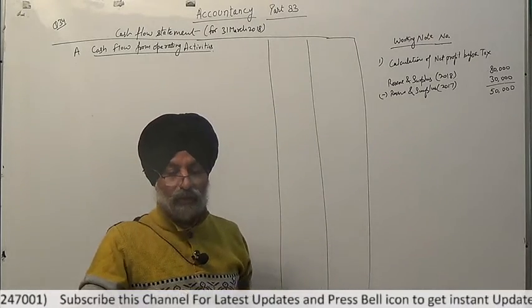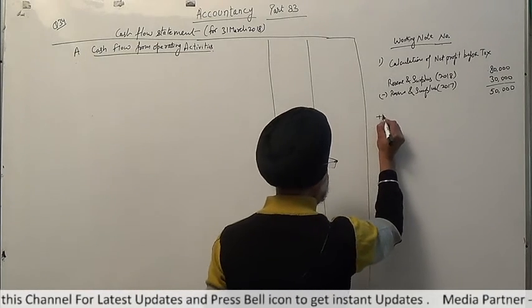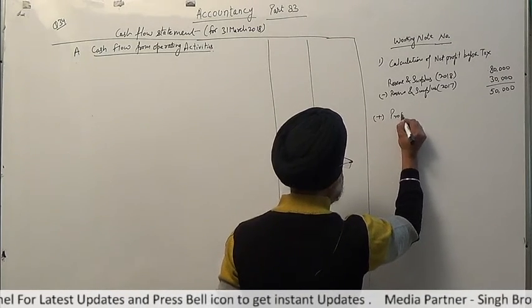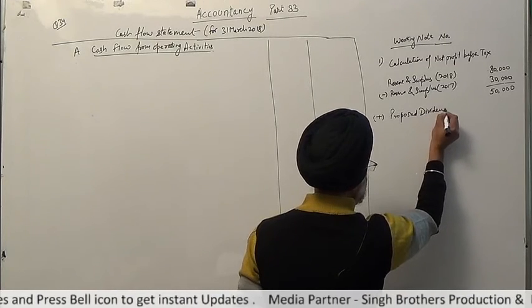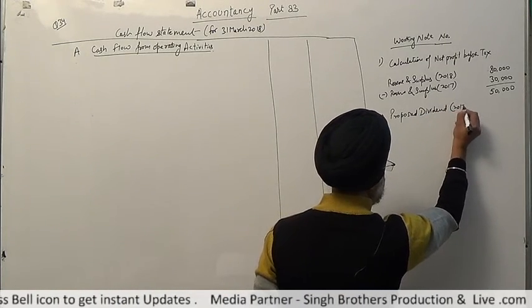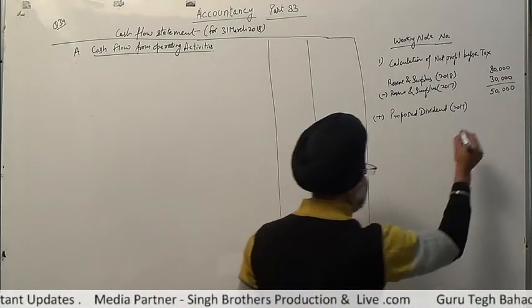So you have to add this proposed dividend, 2017, amounting to rupees 20,000.